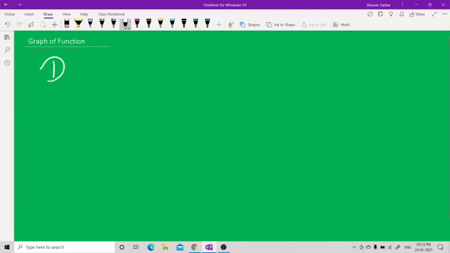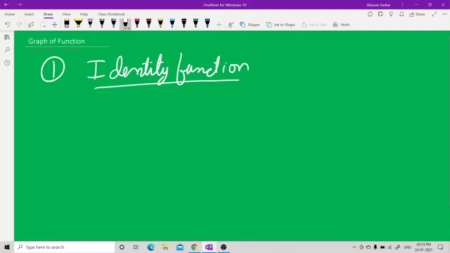First, let me write down the first function: the identity function. Now this is f(x) equal to x.